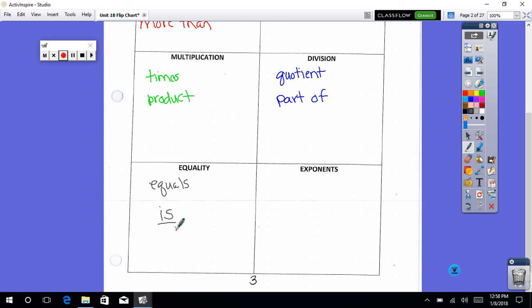Okay, you'll see this one a lot. If I say 4 plus 5 is 6, the is taking place of the equal sign. Okay, exponents, something like to the power of. Squared even.